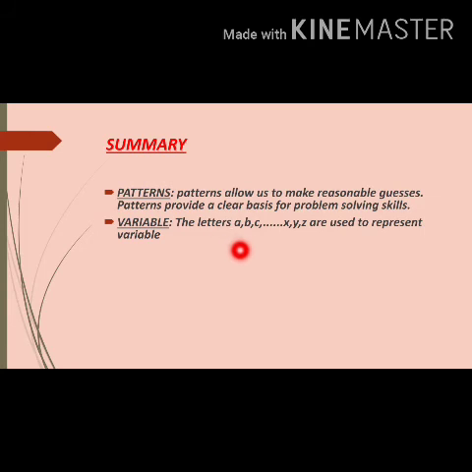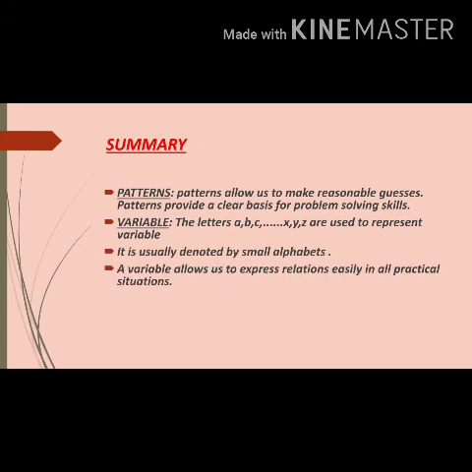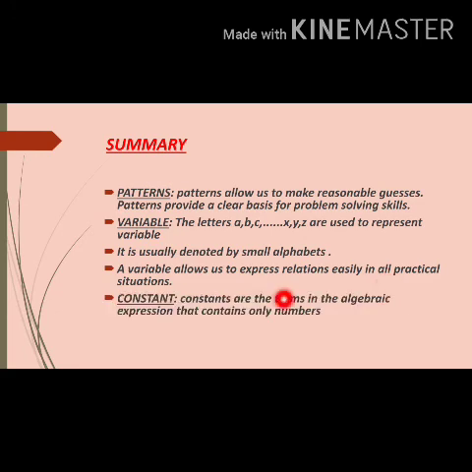The letters A, B, C up to X, Y, Z are used to represent variables. It is usually denoted by small alphabets. A variable allows us to express relations easily in all practical situations. Constants. Constants are the terms in the algebraic expression that contain only numbers.